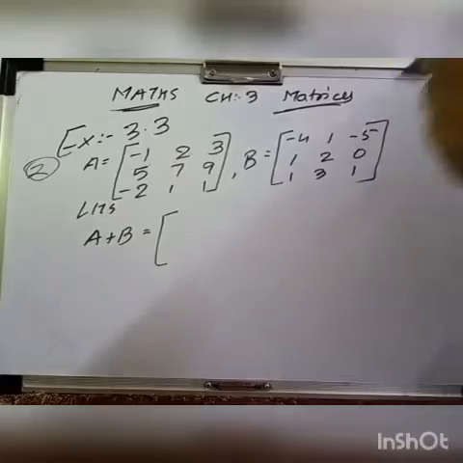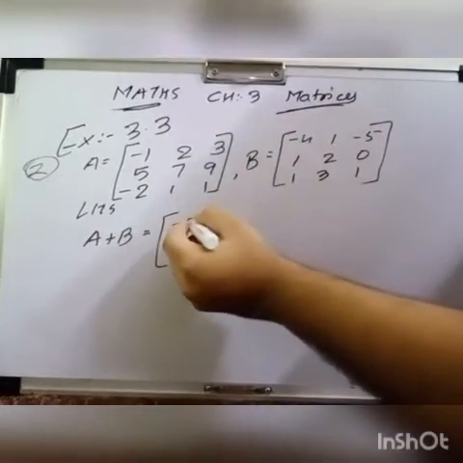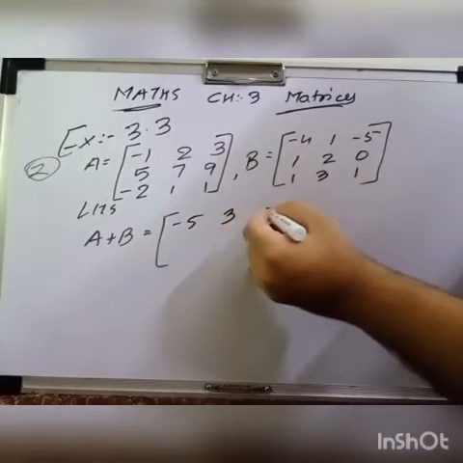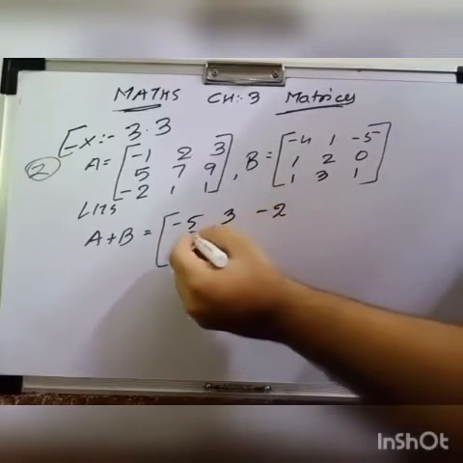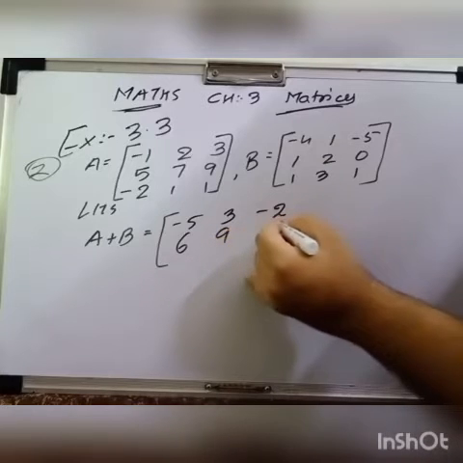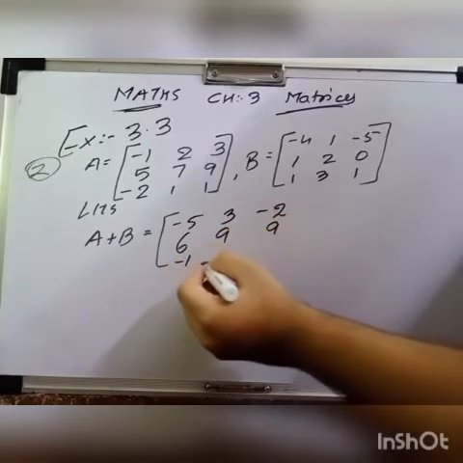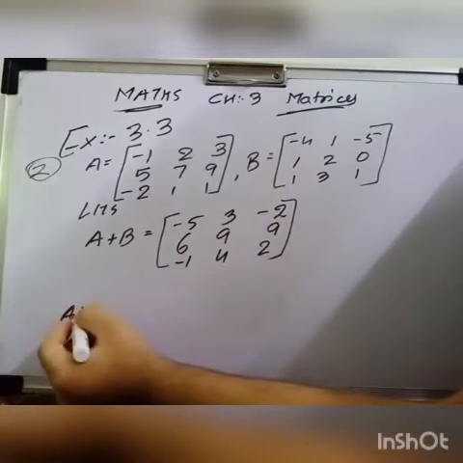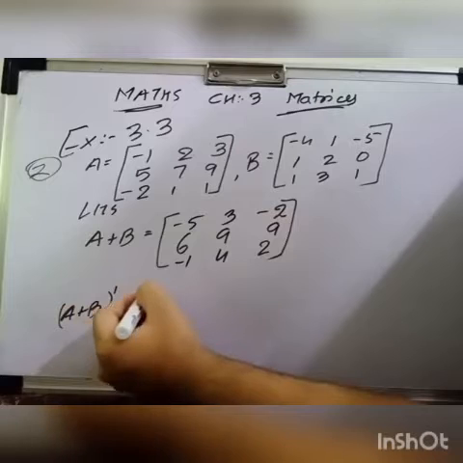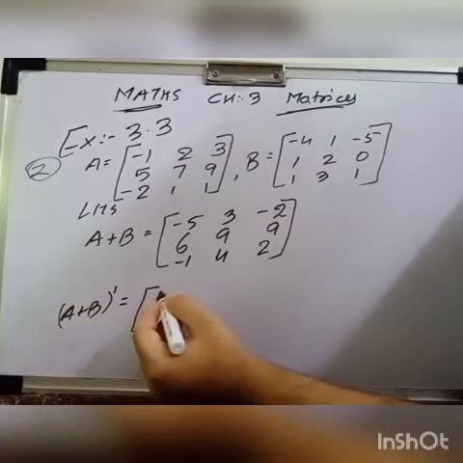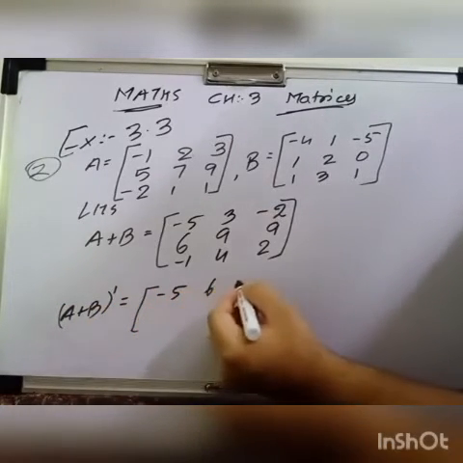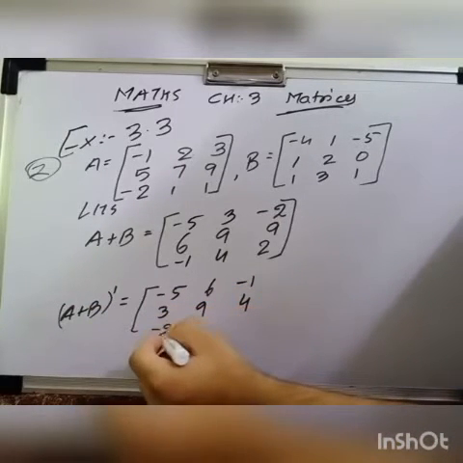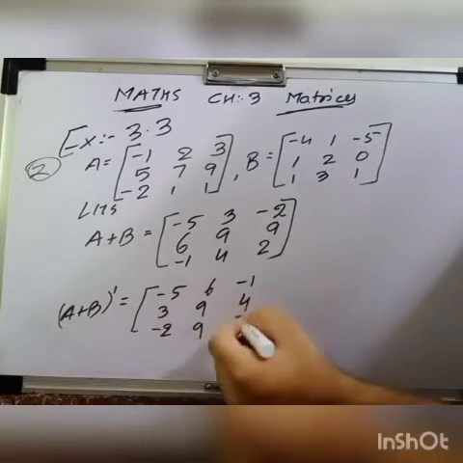If I add them, then -1 plus -4 will give me -5, then 2 plus 1 will give me 3, then -2, 6, 9, 9, -1, 4, 2, and the transpose of this matrix will be -5, 6, -1, 3, 9, 4, -2, 9, 2.